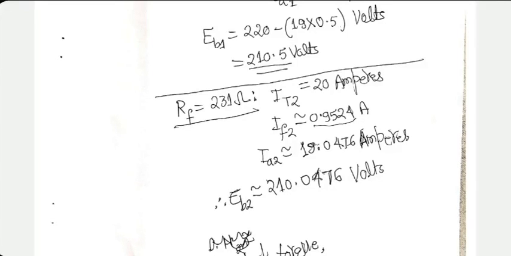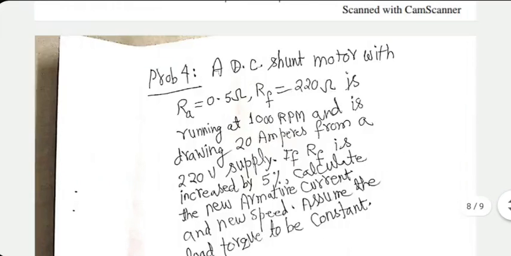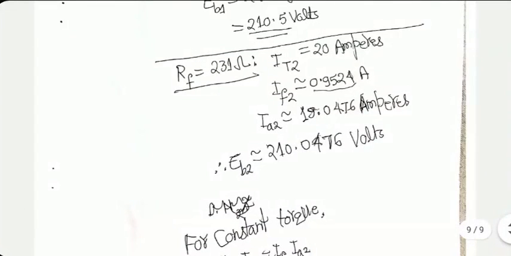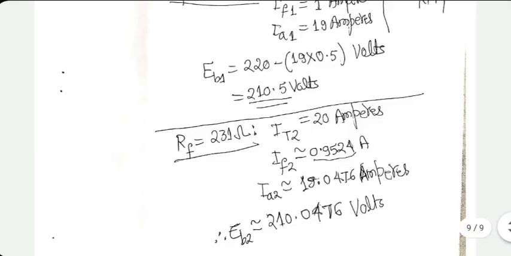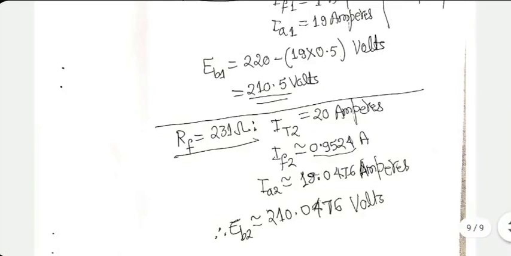IT2 is the same, but IF2 will change now. It will become 220 volts divided by 231 ohms. That gives us 0.9524 amperes. IA2 will be difference of 20 and 0.9524 amperes. We get 19.0476 amperes. EB2 can be calculated again. It is slightly different from what we got in the previous case.